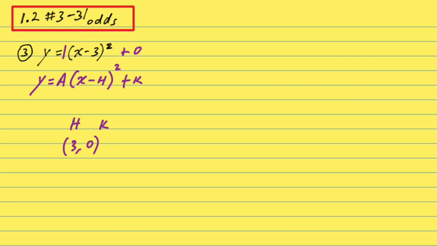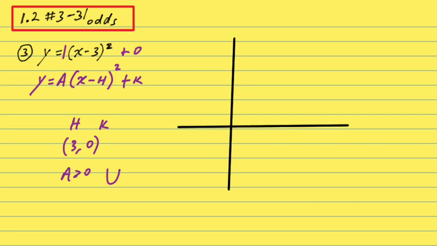So the vertex is 3, 0. A is positive, which means it opens upward. So I'm going to go to 3, 0, and I'm going to have my parabola opening upward.